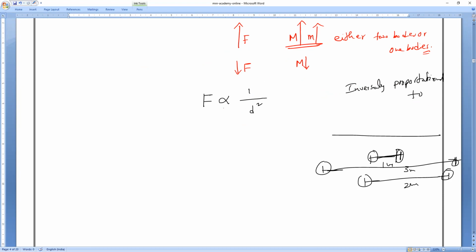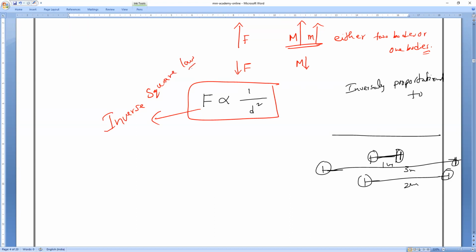So that is what is called inverse. This is also called the inverse square law. Actually this is derived from Kepler's laws. We will discuss that in tomorrow's class. So, the inverse square law, if you remember. Yes, can we say it as M into m by d square?